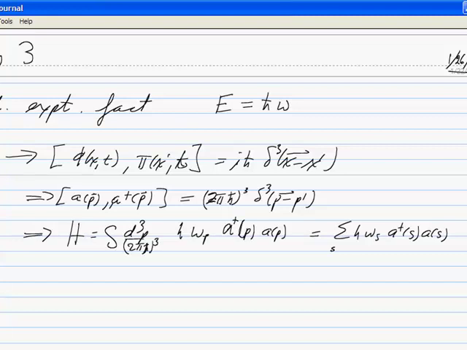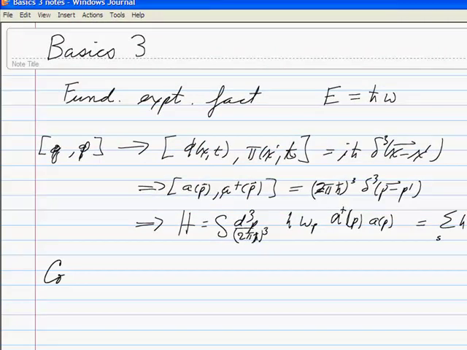But we could have reversed it. And generally, when I teach second quantization in the quantum mechanics course, I actually do it the reverse way.